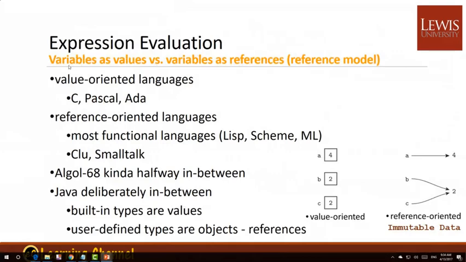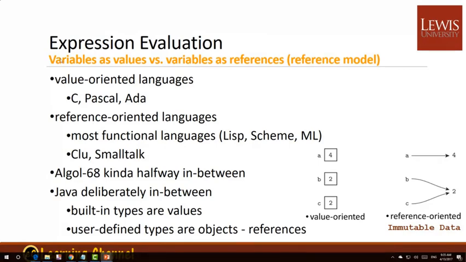In expression evaluation, variables as values versus variables as references. And that is the reference model. This is similar to call by value and call by reference arguments, but here it is the evaluation of the expression. I mentioned before that an expression, like a plus sign or minus sign, is actually similar to a function call.